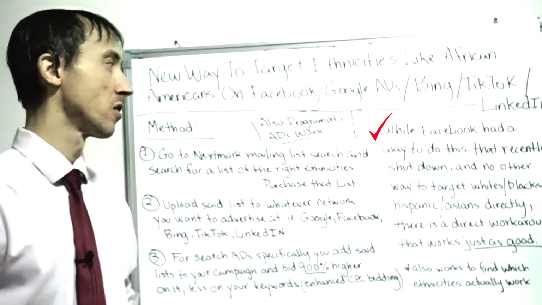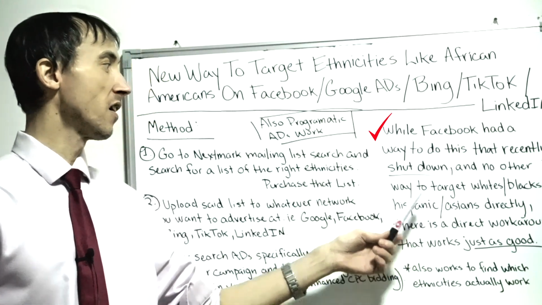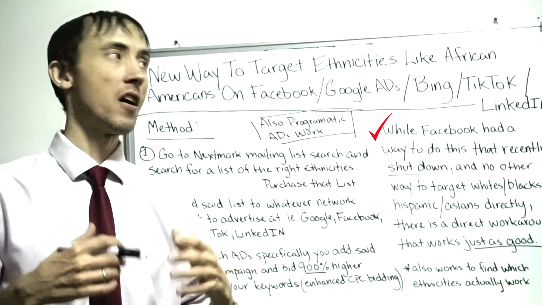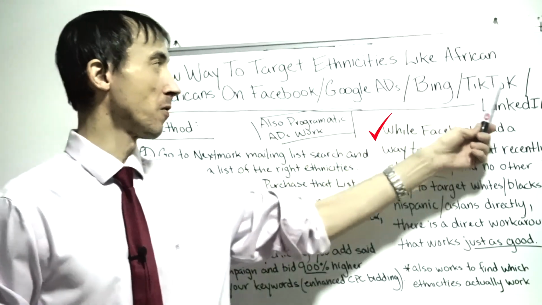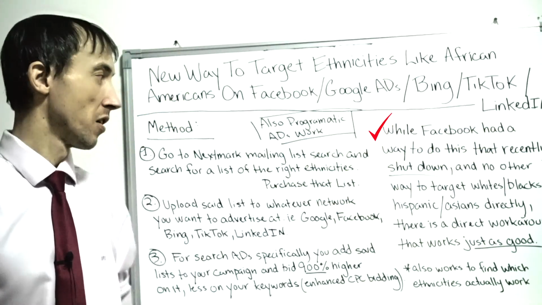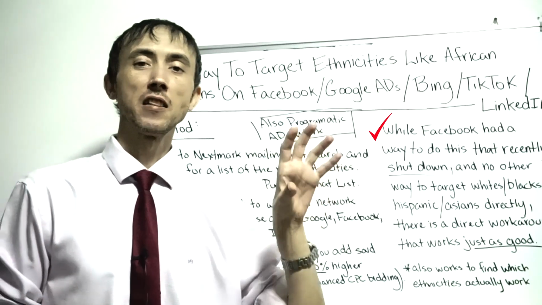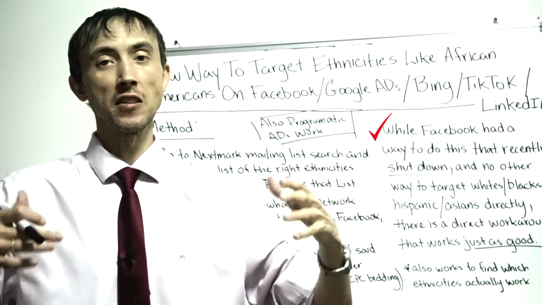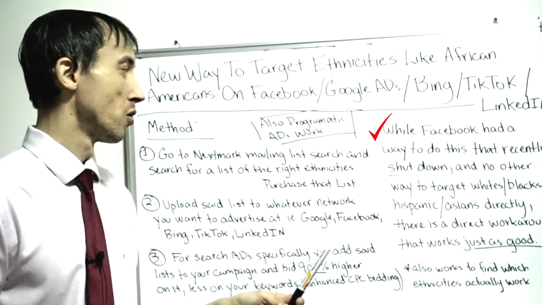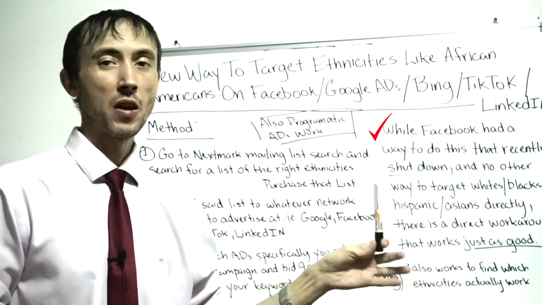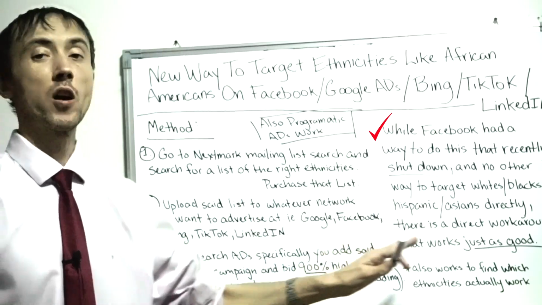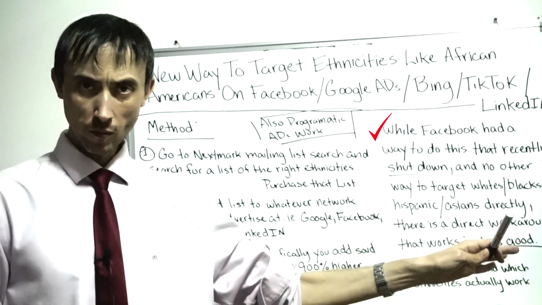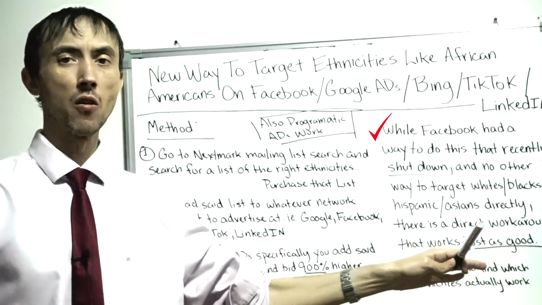But there are workarounds. So there's a way to target white, black, Hispanic, Asians on Facebook, Google, Bing, TikTok, LinkedIn that has nothing to do with the inherent default targeting options inside these accounts, which don't include ethnicity-based targeting. So the workaround that I'm giving you here, 1, 2, 3, works just as good as if these ad networks let you do it directly on their own.